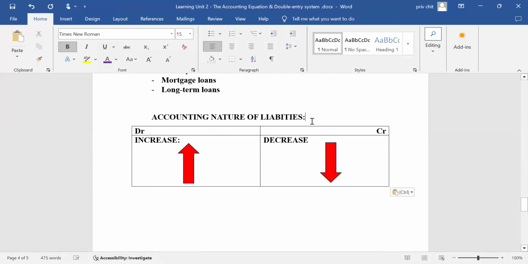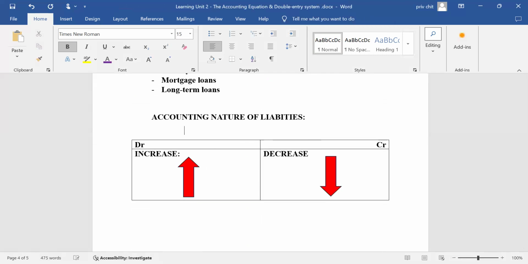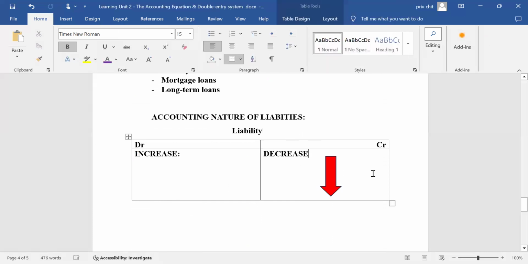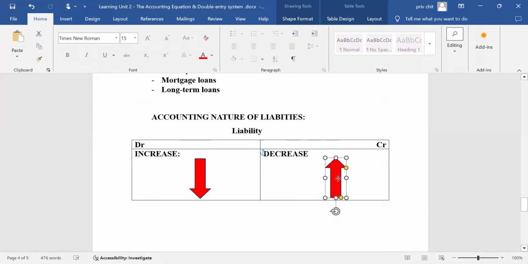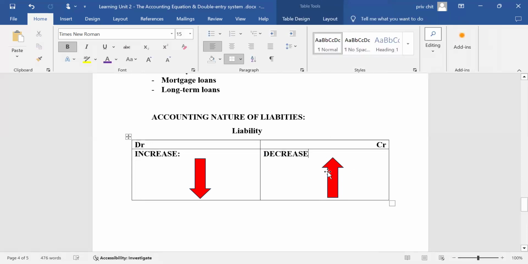Now, with the liability, here is the issue. And this applies whether you're dealing with a current liability or a non-current liability, right? So I want you to observe what's happening over there.